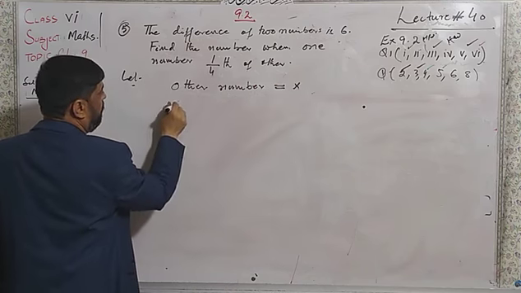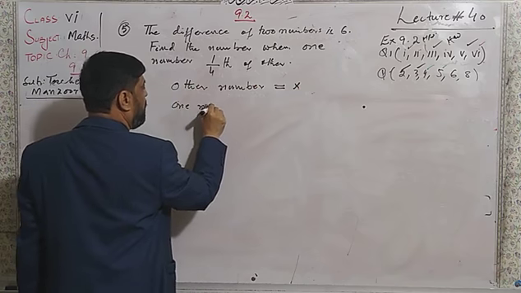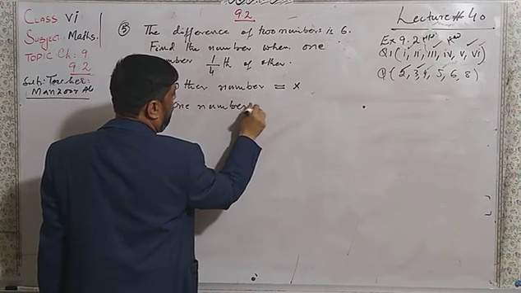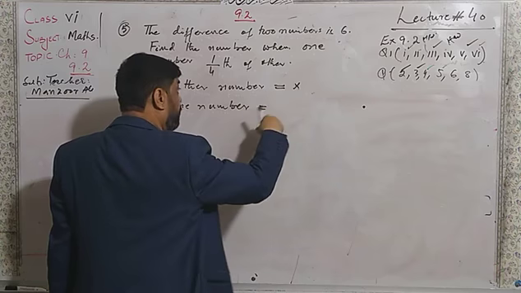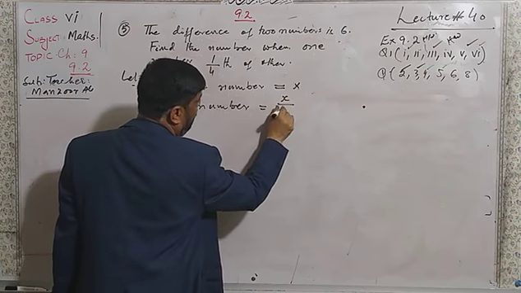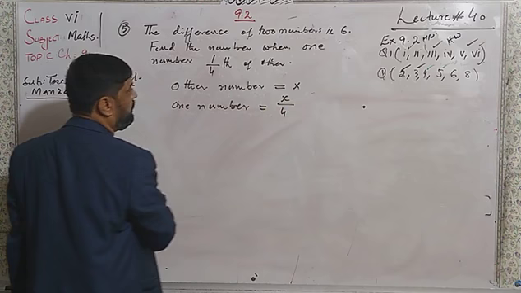Then one number is equal to 1/4 of it, meaning x over 4, right?